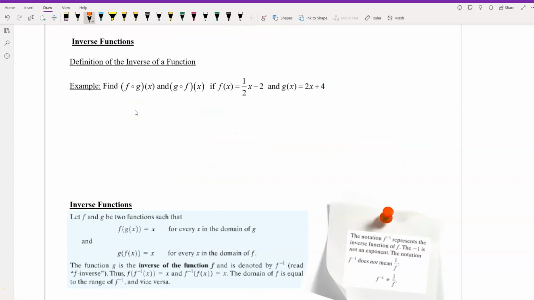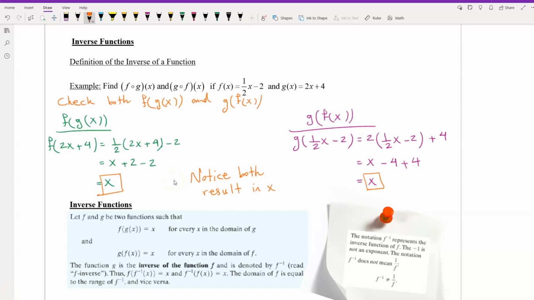Inverse functions. Definition of the inverse of a function. Example, find f of g(x) and g of f(x) if f(x) equals 1 over 2 times x minus 2 and g(x) is equal to 2x plus 4. Here for f of g(x), g(x) is the inner function, so instead of g(x), we have to use 2x plus 4.